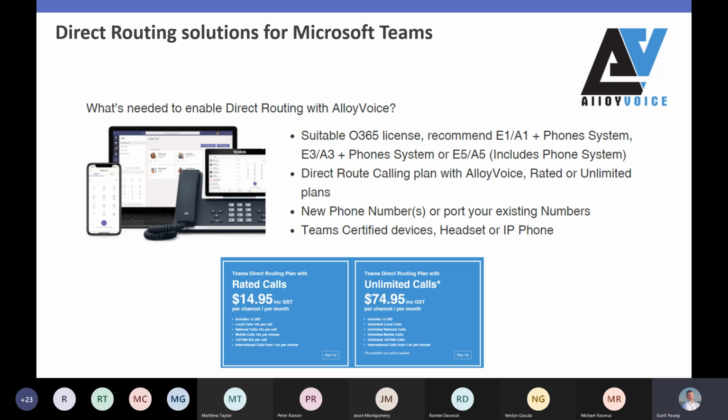That SBC you can host yourself, whether that's a virtual SBC in the cloud or a physical SBC on premise. You can then connect SIP trunks to that SBC, which allow you to route calls from your Teams devices to and from the PSTN and mobile network. What Alloy Voice have done is we have SBCs in the cloud already, so we do all that hard work for you.